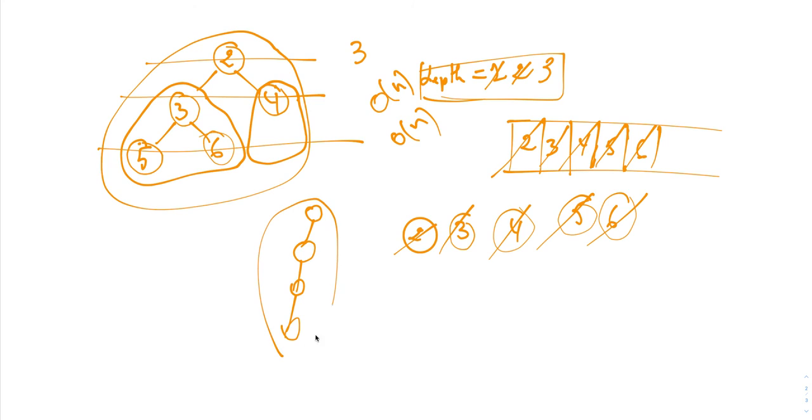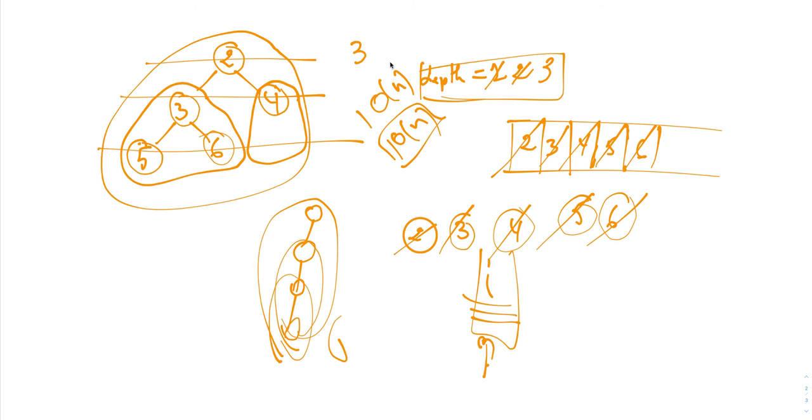So we will have in the call stack our first call here, then the second call here, then the third call here, and so on. So this is the worst case scenario. In the worst case scenario, we'll have n elements in our call stack. That's why here we'll also have O of n time and space complexity.